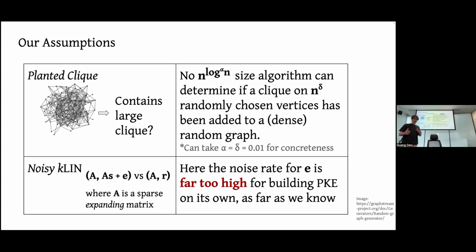So basically, you can think of this as distinguishing the case that we have a linear system where most of the constraints are solvable versus the case that we just have completely random constraints. And the key point here is that A will be a sparse expanding matrix. All I want to highlight right now is that the noise rate E that we can use is going to be far too high for building public key encryption on its own, as far as we know right now.